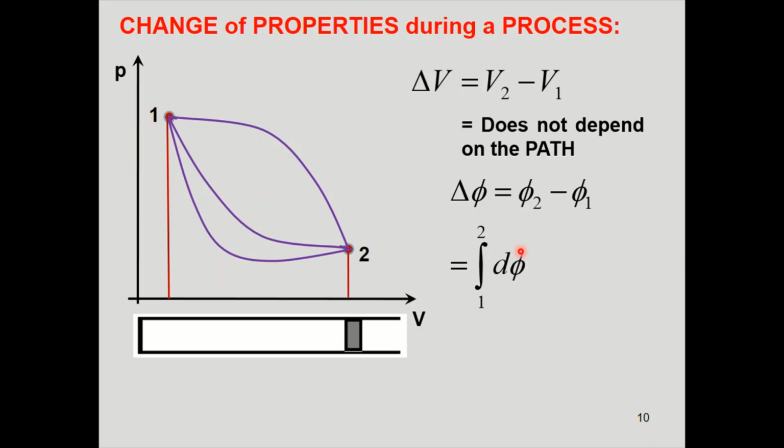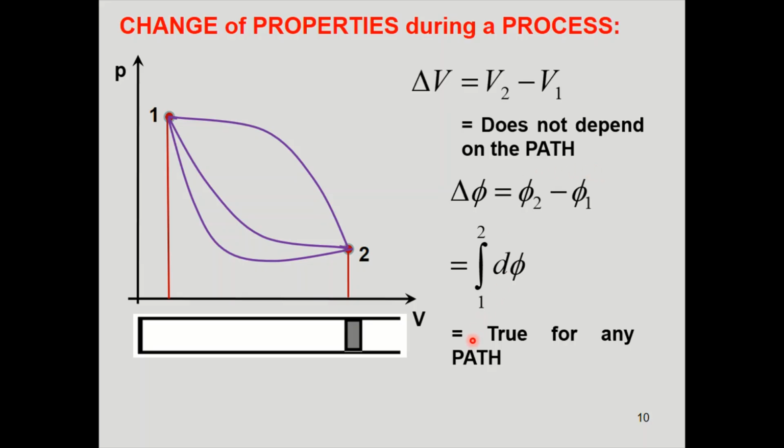Understood? And in case of properties, we can write in the same way. That means integral 1 to 2 of dV, we can write V2 minus V1. That is why we can also say that properties are exact differential as well, and they are path independent.